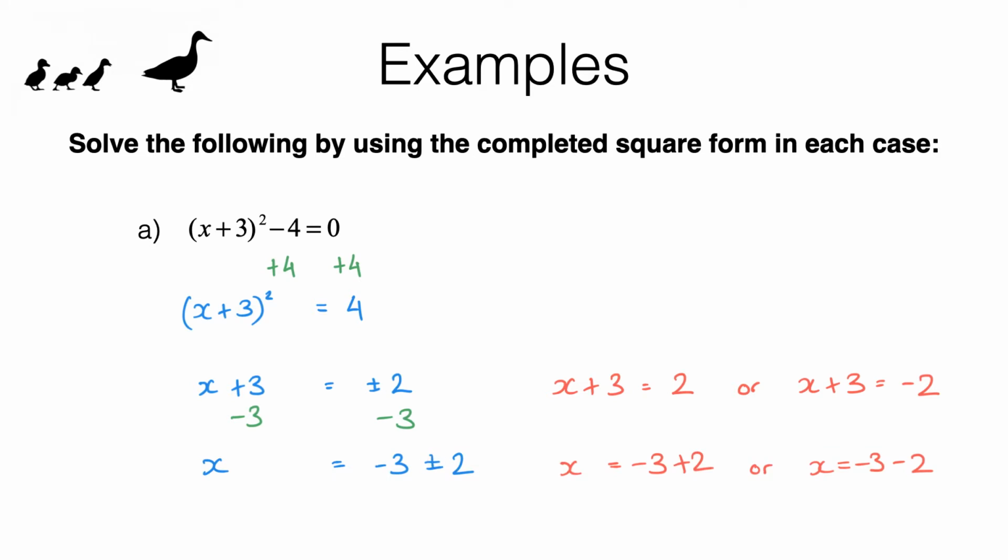If we use the plus in the plus or minus, we get negative 3 plus 2, which is negative 1. So we have x equals negative 1 as one of our solutions. And for our other solution, we have x equals negative 3 minus 2, which is negative 5. So x equals negative 5. There is our second solution.